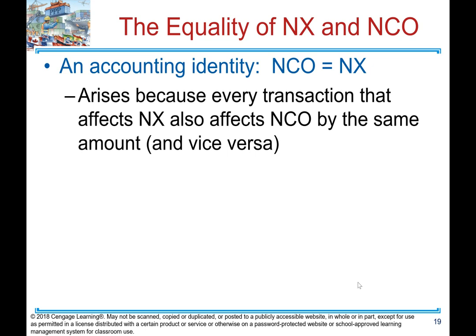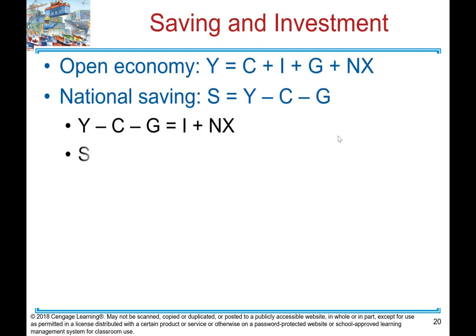This identity, NCO equals NX, arises because every transaction that affects NX also affects NCO by the same amount.